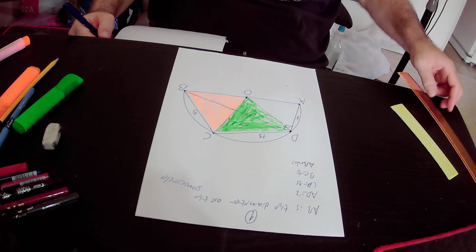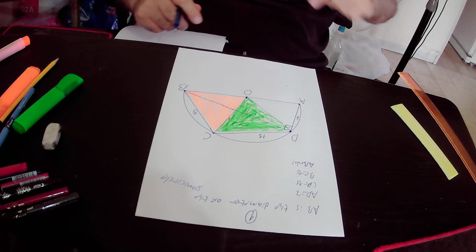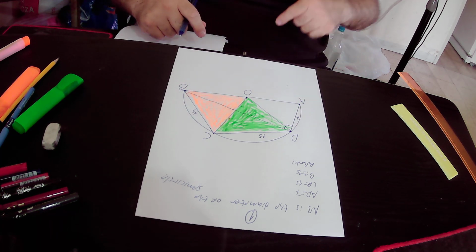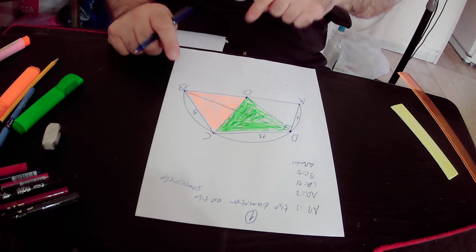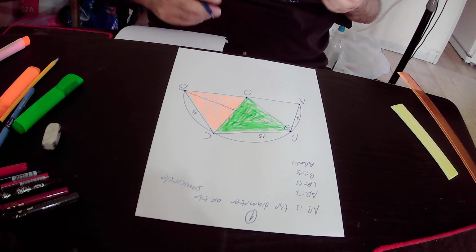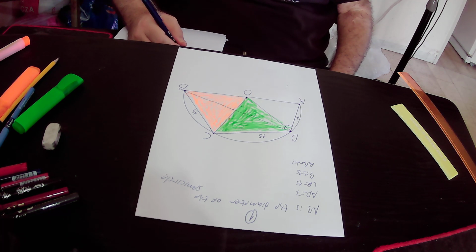Okay, so in those two triangles, we know that side DC of the green triangle equals side CB of the orange triangle. Both of those two sides are equal to 15 units in their sizes.